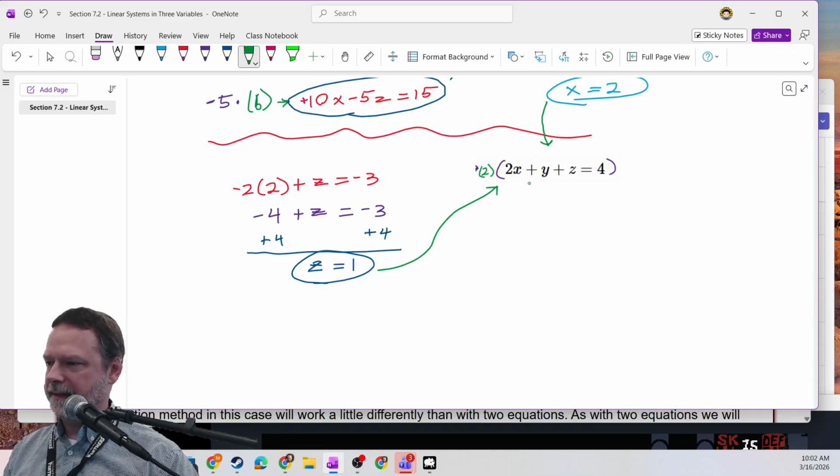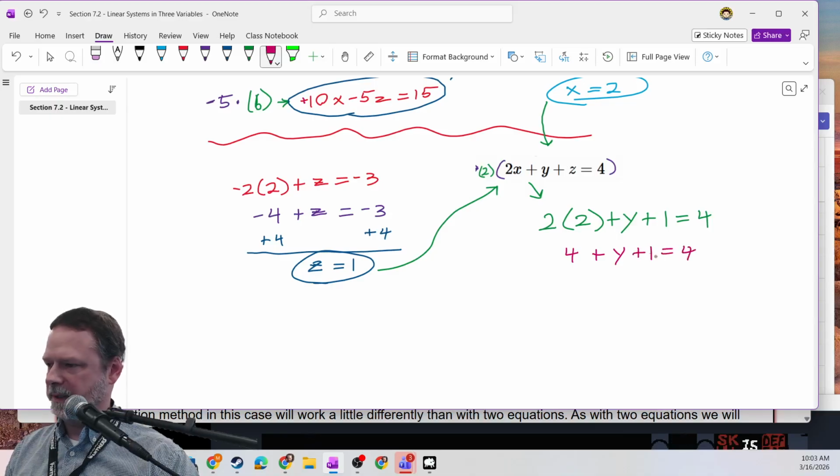What do we get? We're going to get 2 times x equals 2 plus y plus z equals 1 equals 4. Now we can solve for y. 2 times 2 is 4. Plus y plus 1 equals 4. 4 plus 1 is 5.